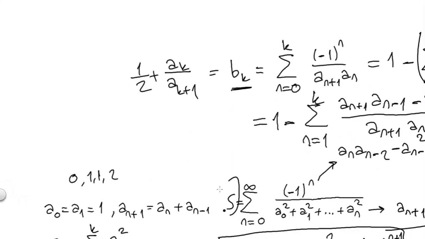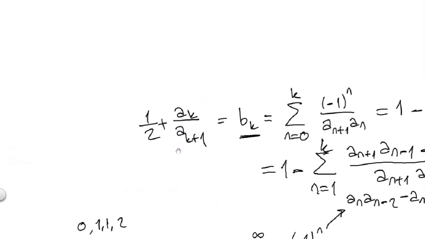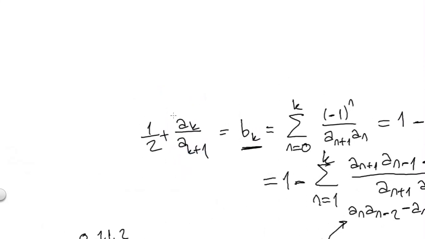So now I want to take this limit as k goes to infinity, then it will be equal to my sum. But it's not that easy, because now I need to compute this limit as k goes to infinity. This is actually a pretty popular property of the Fibonacci sequence. For example, it goes 1, 1, 2, 3, 5, 8.